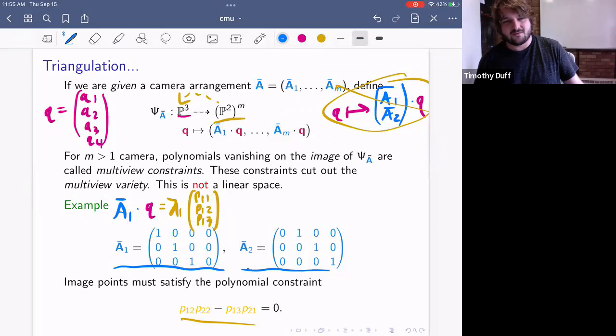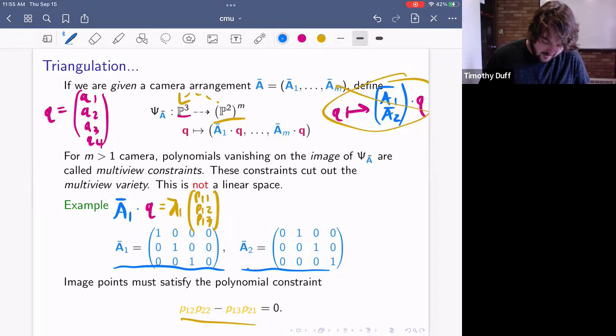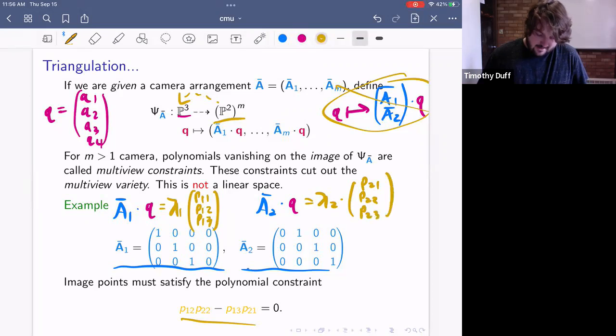So if I write out A2 bar times Q, then what is that? Well, there will be some other depth, lambda 2, times the coordinates in the appropriate image, P21, P22, P23. And the point is that lambda 1 and lambda 2 could be different.